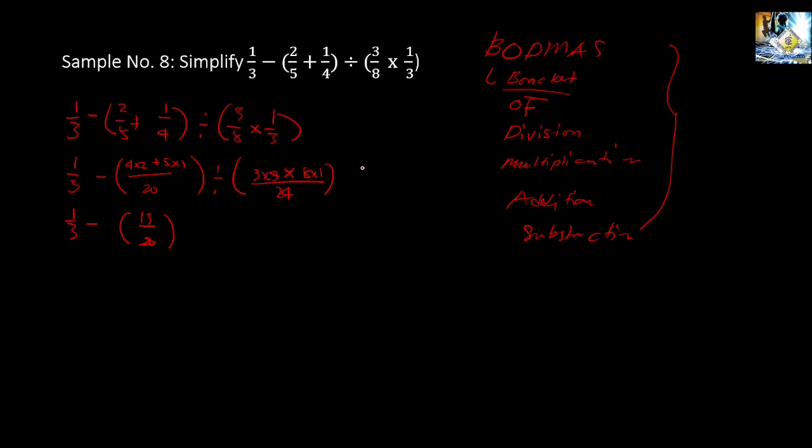It will become 3 over 24. So if we reduce this one, 3 over 24, magiging 8 siya. So magiging 1 over 8 na siya. 1 over 8. Okay, so the next one is division na tayo.